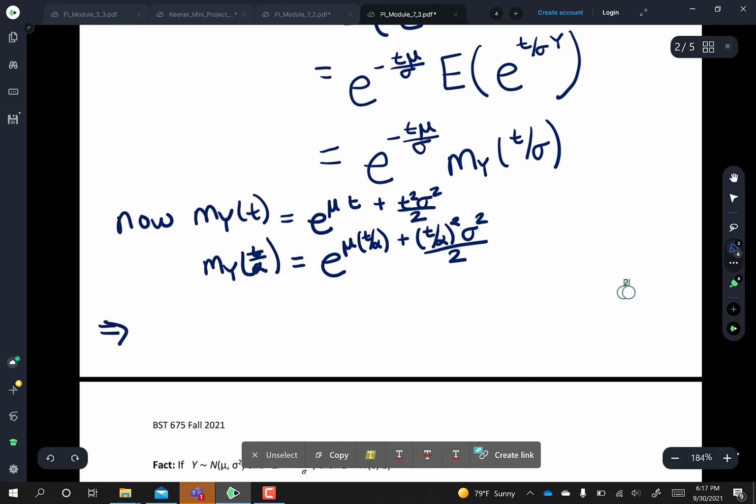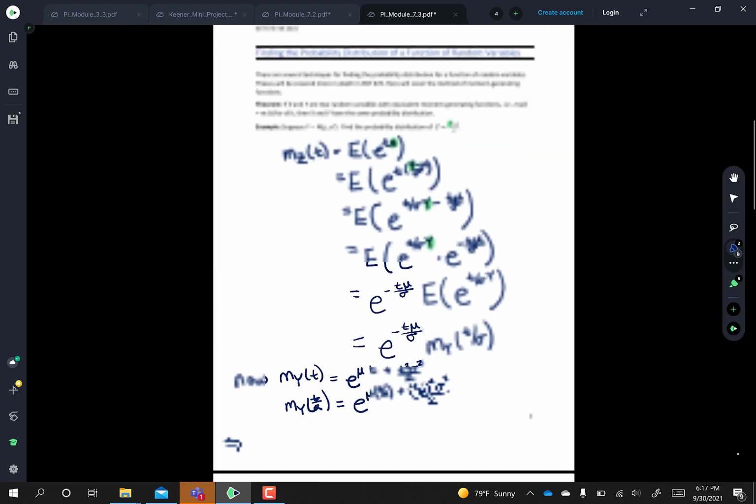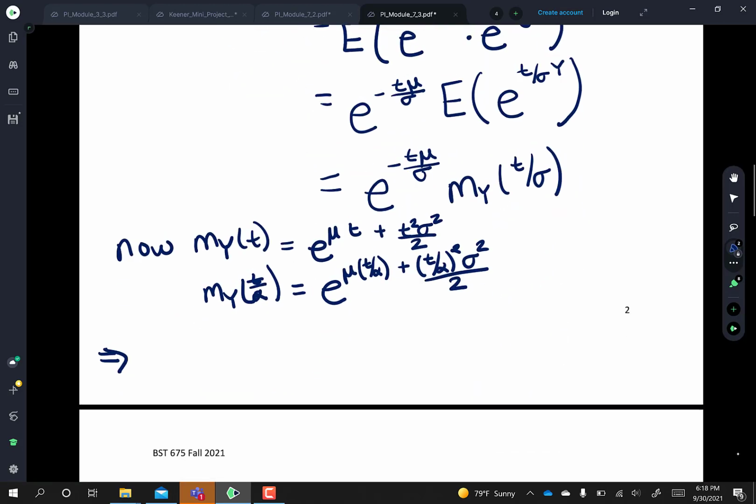Remember what we were doing all the way up at the top. We started out with the moment generating function of z, M_z at t. And we were able to show that it was equal to e to the negative t mu divided by sigma times the moment generating function of y evaluated at t divided by sigma.